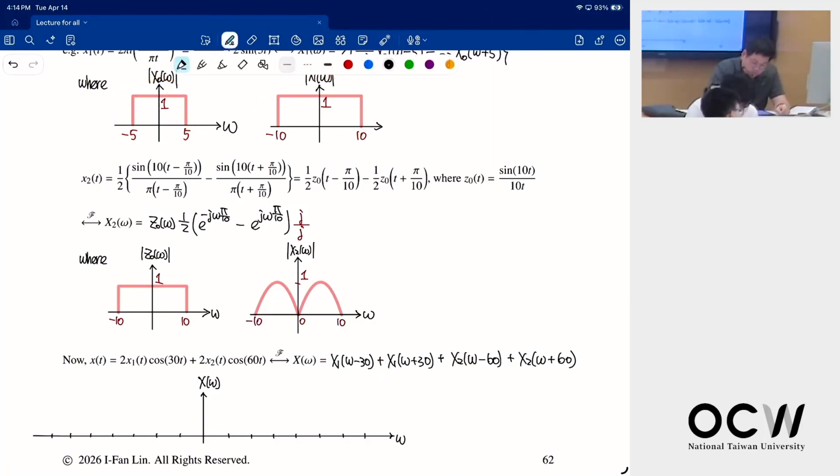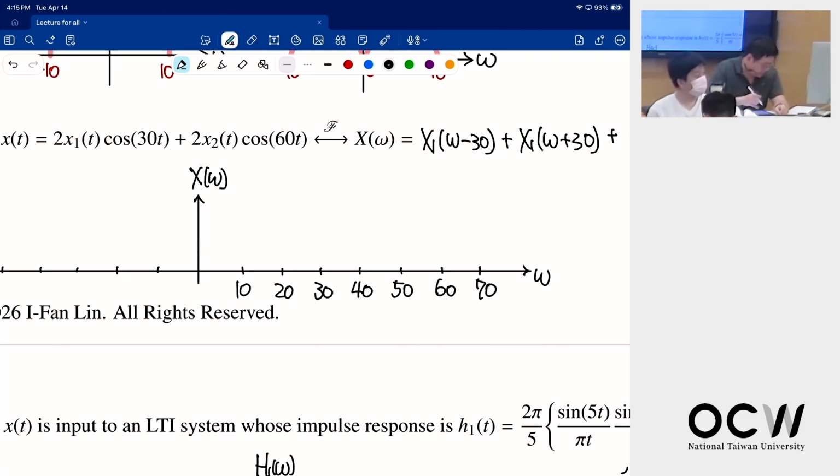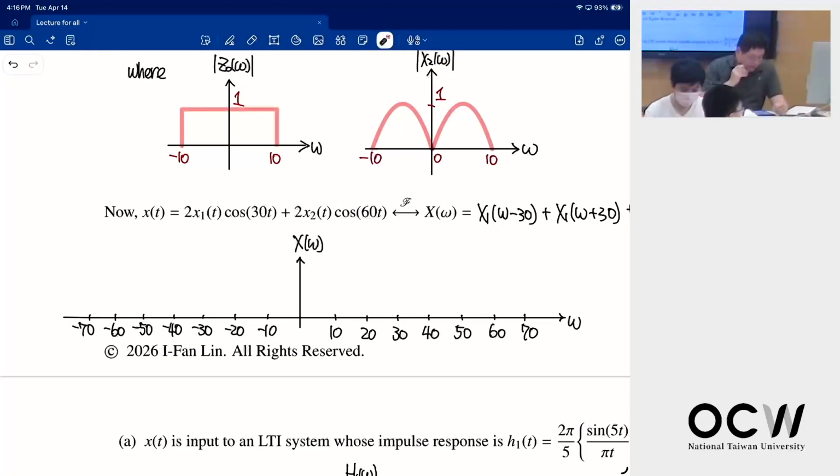So let's have 10, 20, 30, 40, 50, 60, 70. Here, minus 10, minus 20, minus 30, minus 40, minus 50, minus 60, minus 70.